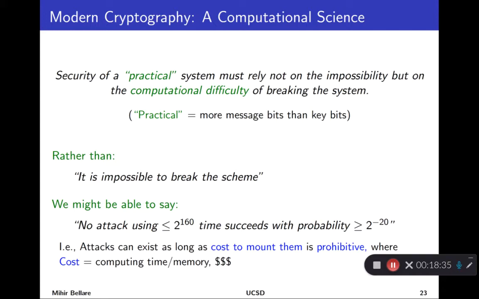So now statements about security are no longer of the form "it's possible or impossible to break a scheme." They would instead be quantitative. They might say something like, suppose your attacker has 2 to the 160 cycles in some measure on some computer. Then there will be a certain probability with which it can break the encryption scheme.